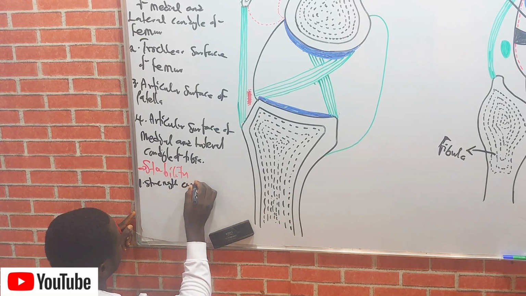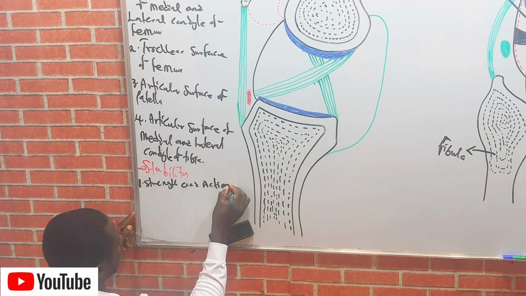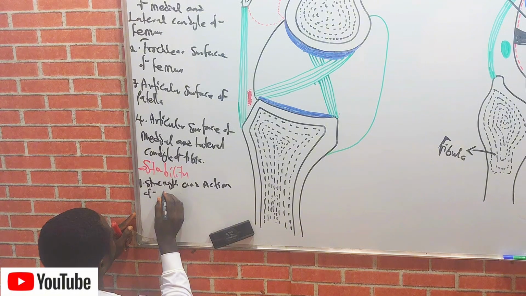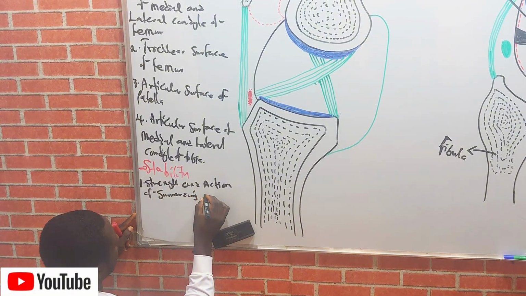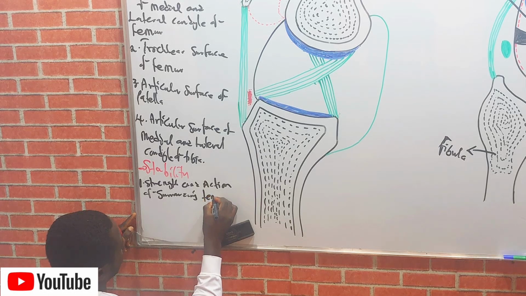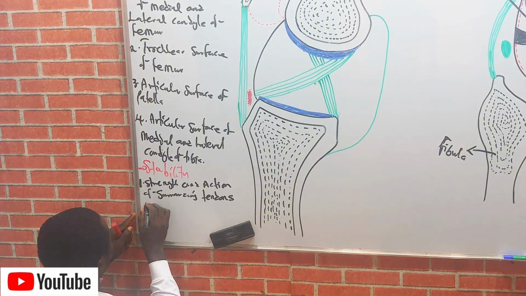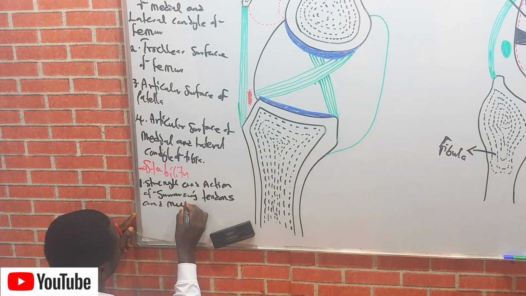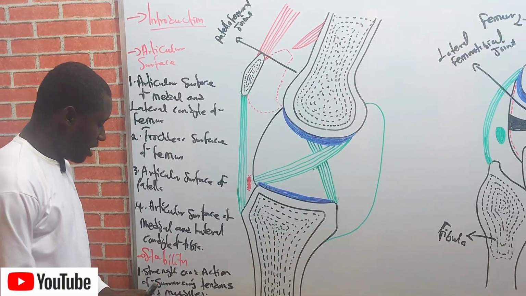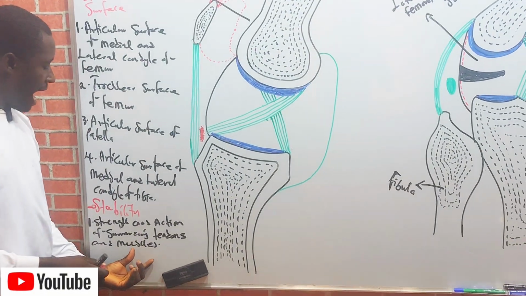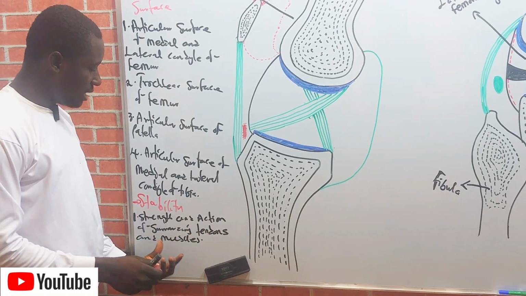Why does it have the strength and action of the surrounding tendons and muscles?